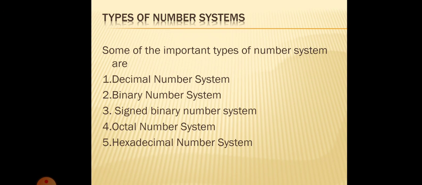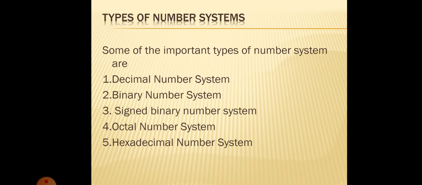Coming to the next slide, these are the types of number system. Some of the important types of number systems are: first one is decimal number system, second one is binary number system, then signed binary number system, then fourth one is octal number system, and fifth one is hexadecimal number system.